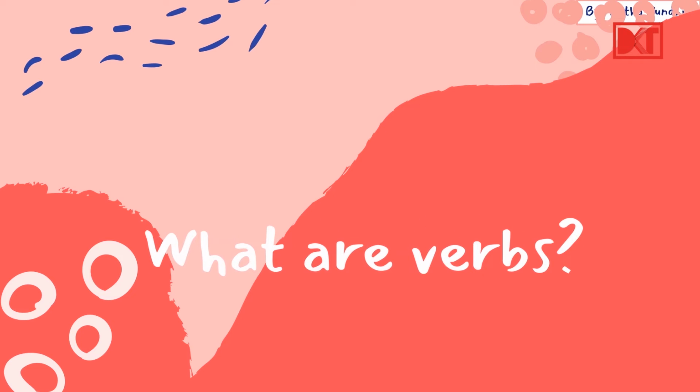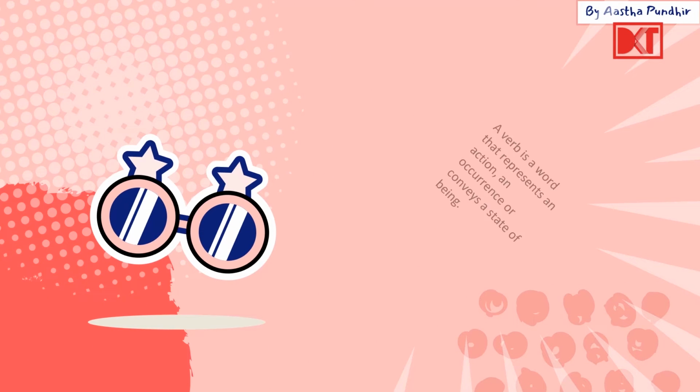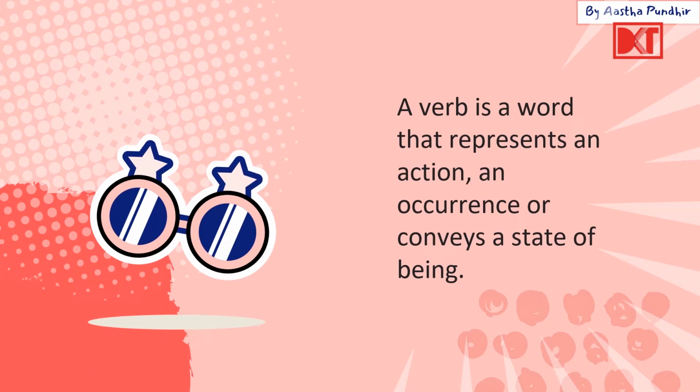The first question that comes to our mind is, what exactly are verbs? Now, a verb is a word that represents an action, an occurrence, or conveys a state of being.